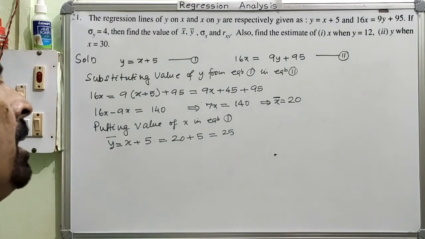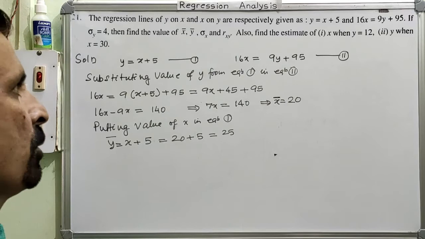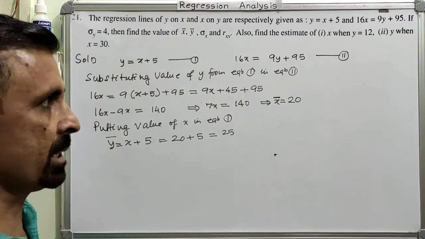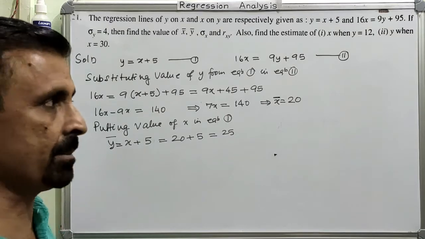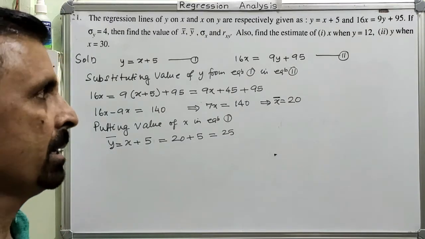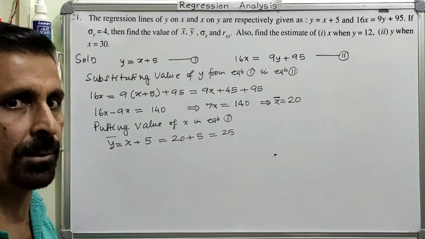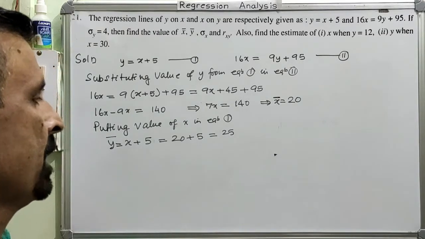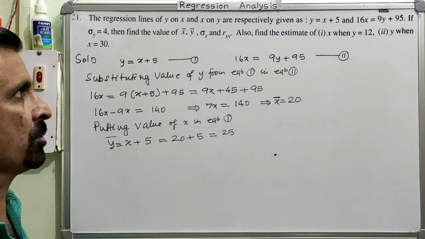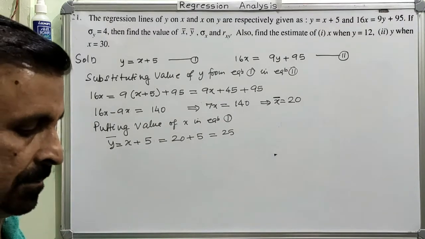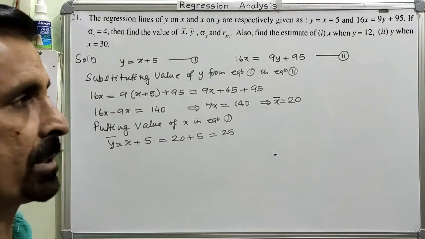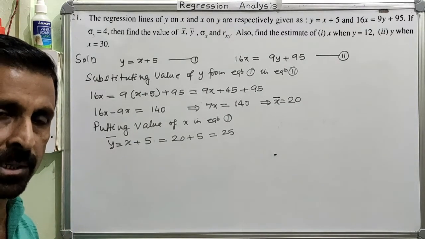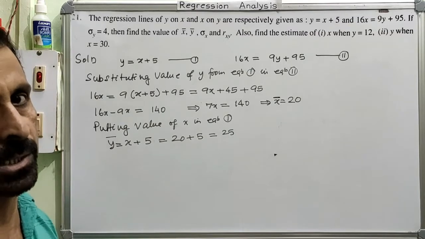Is it okay? Now the third thing that we have to calculate is sigma y, that is the standard deviation of y, and also we have to calculate the correlation coefficient. Is this okay? So we are first of all going to calculate the correlation coefficient, that is r.